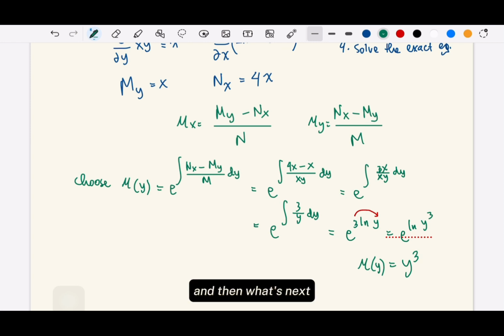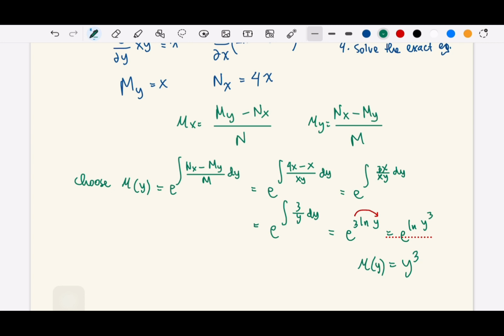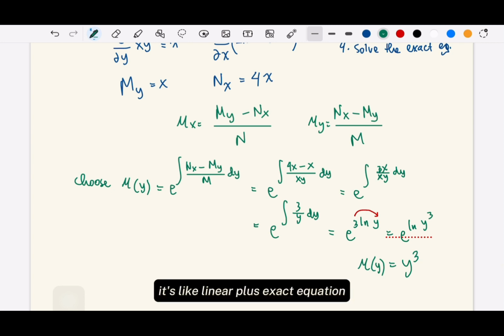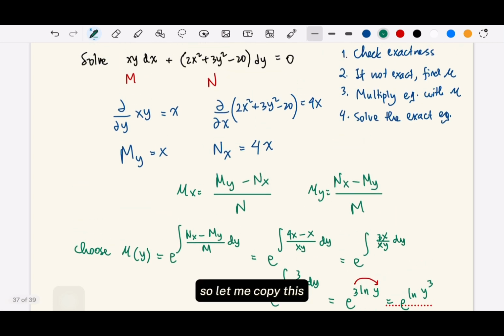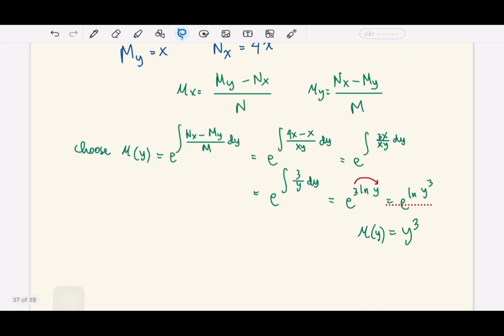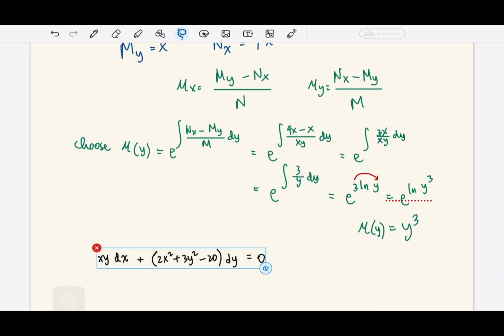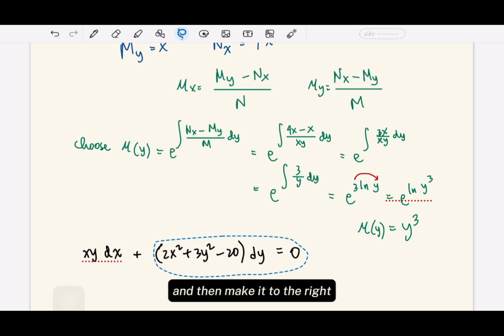And then what's next? This y cubed, we need to bring back to our original equation and multiply all together, just like your linear equation. So it's like linear plus exact equation. So let me copy this, and then make it to the right.